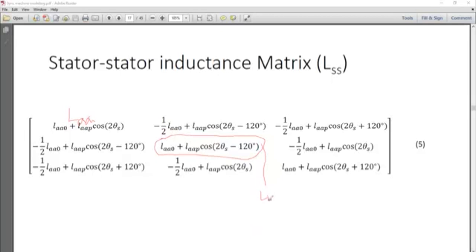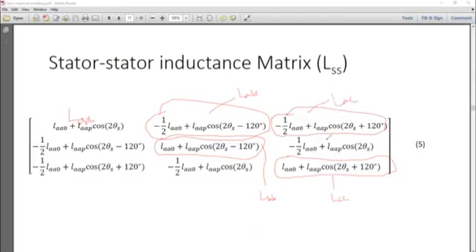Whatever you finally should get is this LBB, and this is LCC. This is LAB, that is already done, and this is LAC, and this one is LBC.